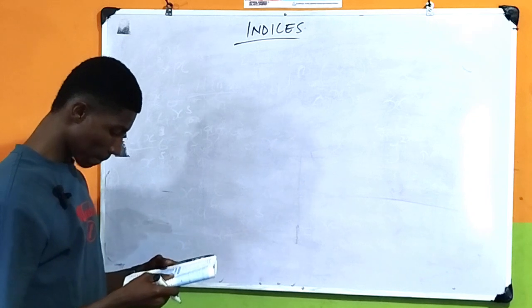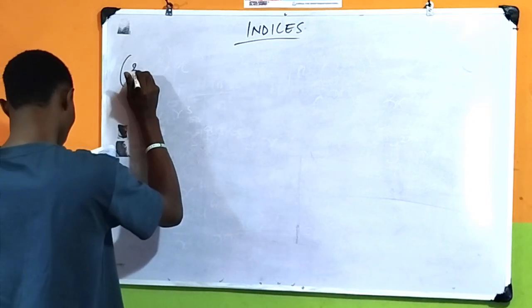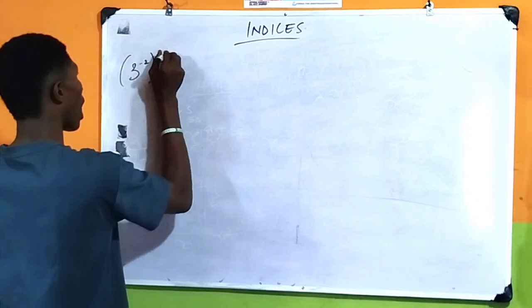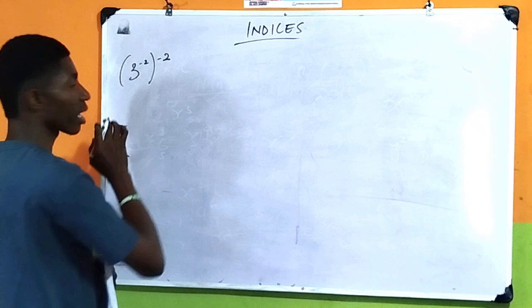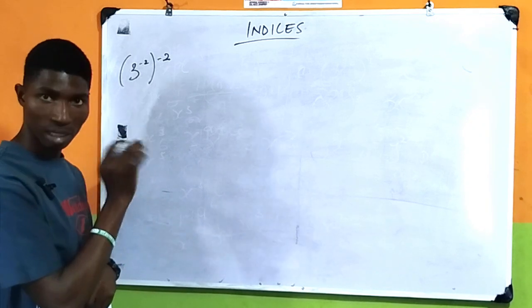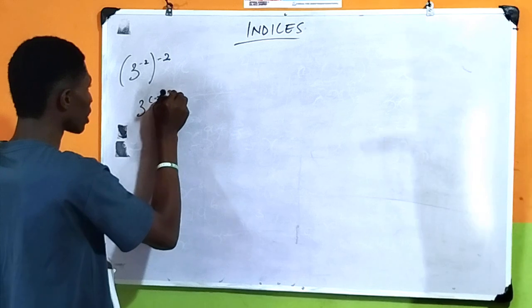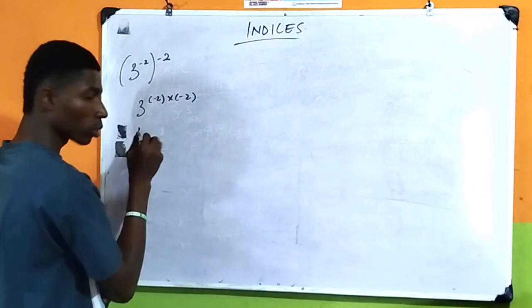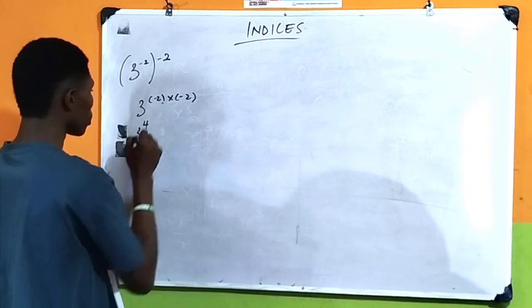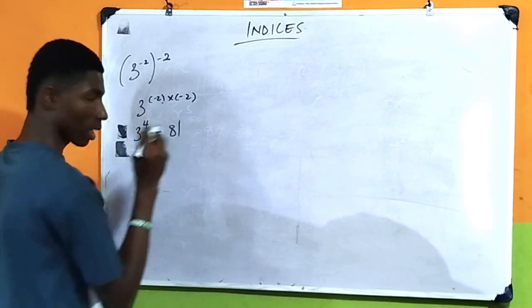Let's take this example: 3 power minus 2, all power minus 2. So minus 2 is affecting all the powers inside the bracket. So we have 3 power minus 2 times minus 2. Minus times minus is plus, and 2 times 2 is 4. So our answer is 3 power 4, which is equal to 81.